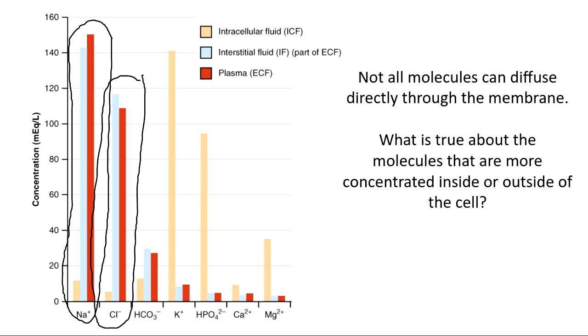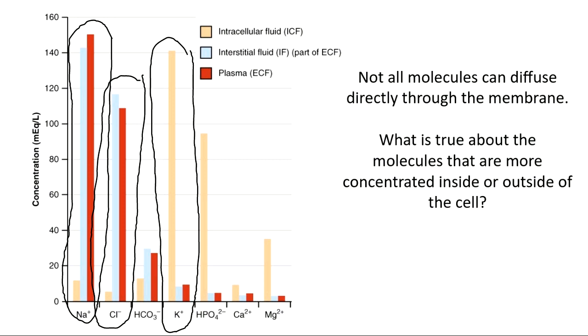So the only things you have to know, the concentrations of here, are sodium, chloride, and potassium. We know that there's different concentrations inside cytosol, intracellular fluid, compared to outside. And all of these particular atoms that we're looking at down here are called ions.